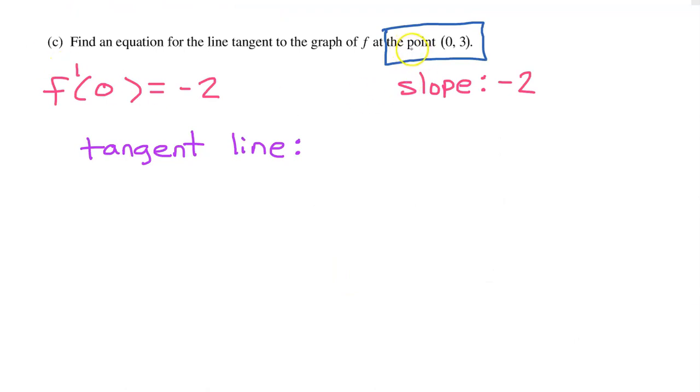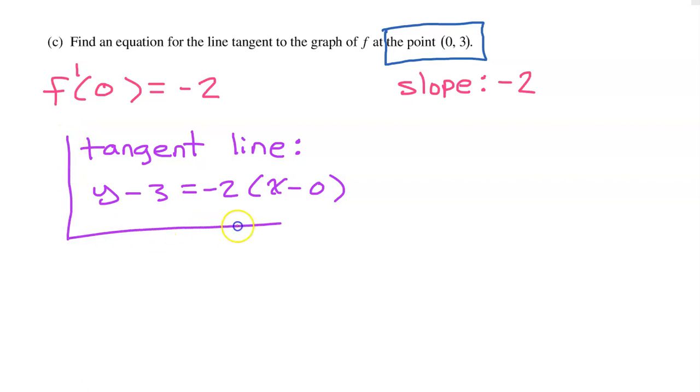Now that we have a point and the slope, we can write the equation of the tangent line. We say y minus y, which is 3, is equal to the slope times x minus x, which is 0.